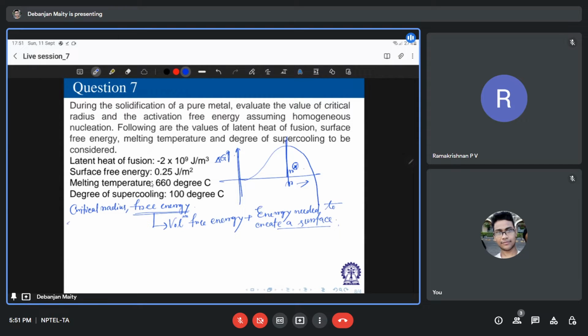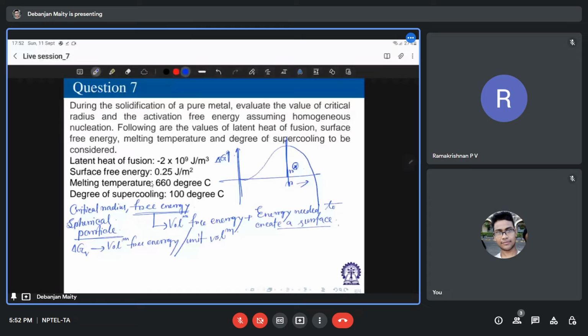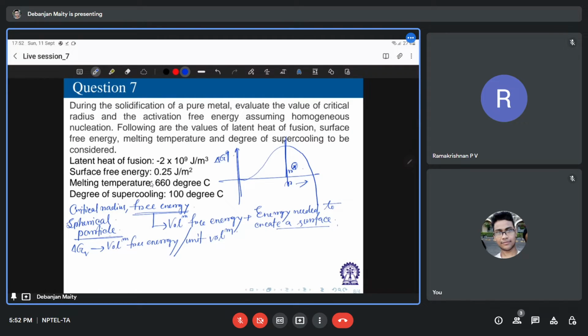So basically this equation has been derived for a spherical particle, and if delta GV is your volumetric free energy per unit volume, what will be the total volumetric free energy then? If R is your sphere radius, it will be simply 4/3 pi r cube into delta GV, right?